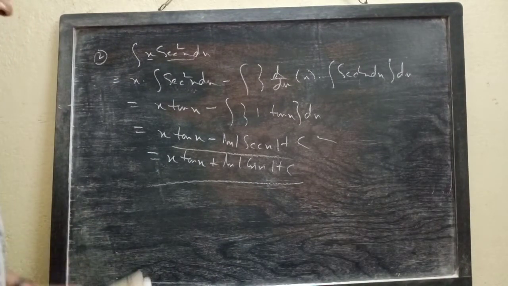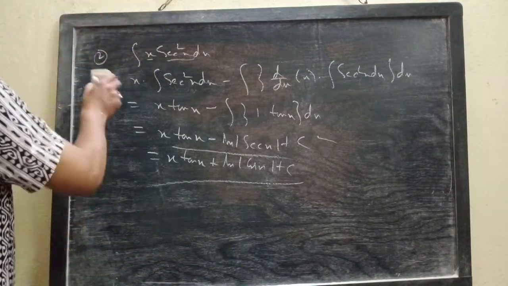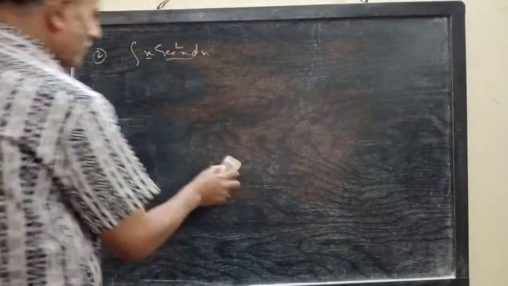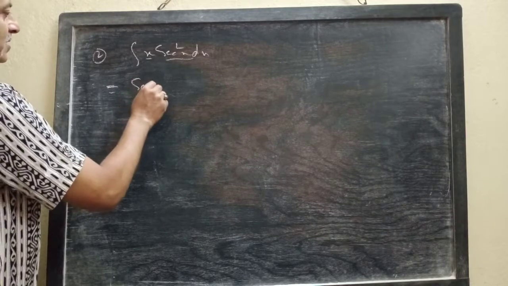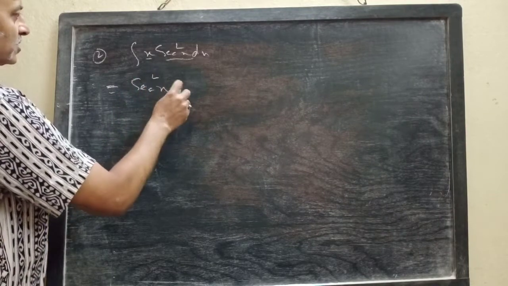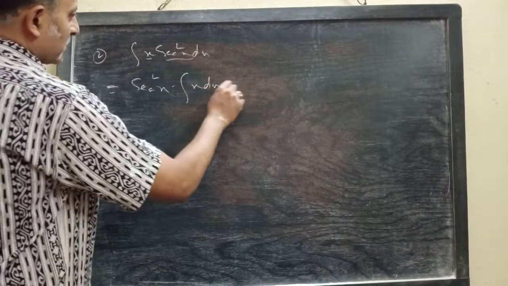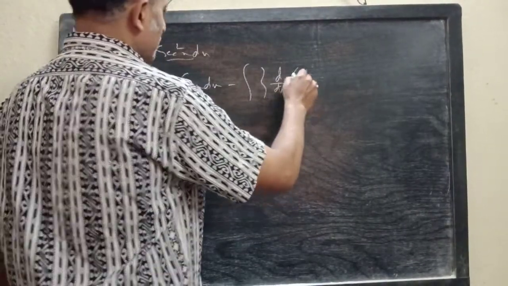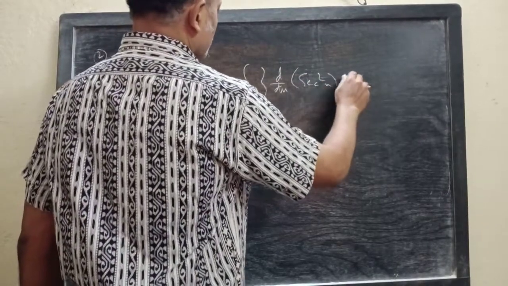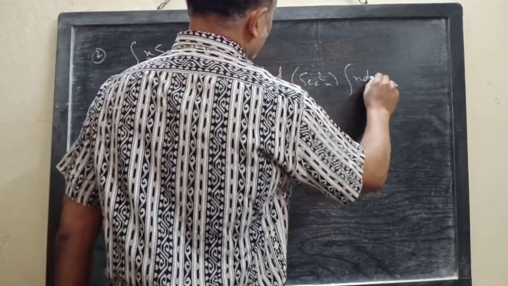Look, if we consider the reverse, that is, if we consider sec square x as the first function and x as the second function, then what happens? Let me see. Sec square x is your first function, then integral of second function minus integration dx of sec square x, integral of second function, whole integral.